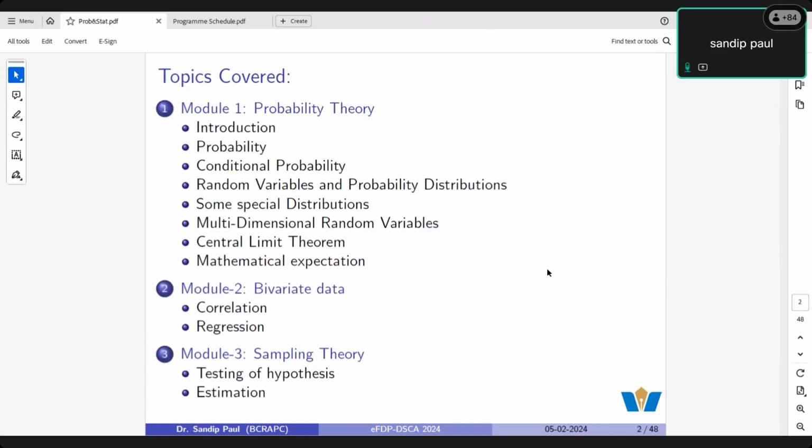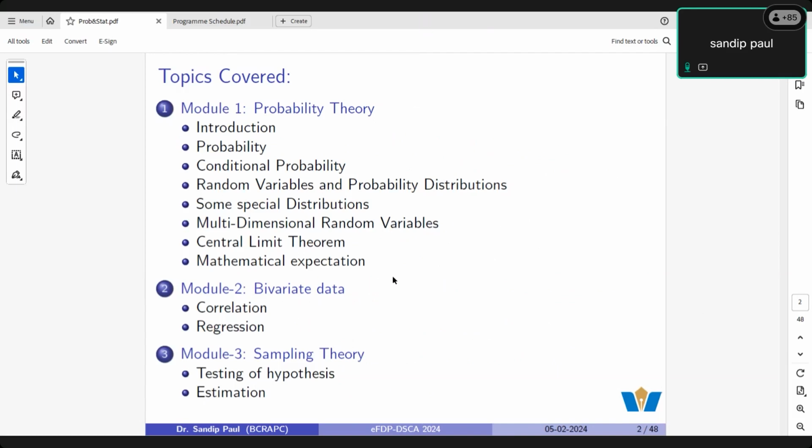The topics covered in this session are probability theory, where we learn the different types of probability definitions, then the concept of random variables and their probability distributions, and we'll learn some special distributions like binomial, Poisson, normal, and other distributions. We'll also discuss some multi-dimensional random variables, central limit theorem, and mathematical expectations.